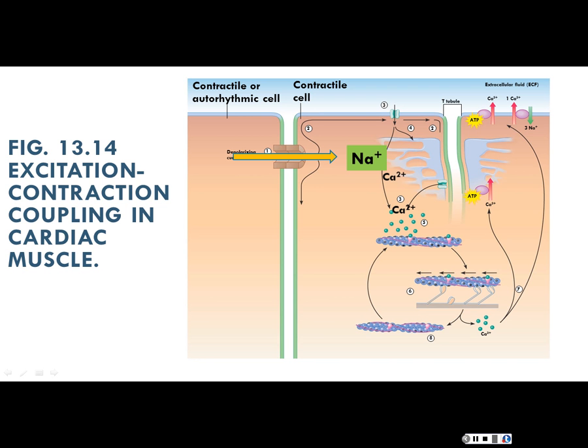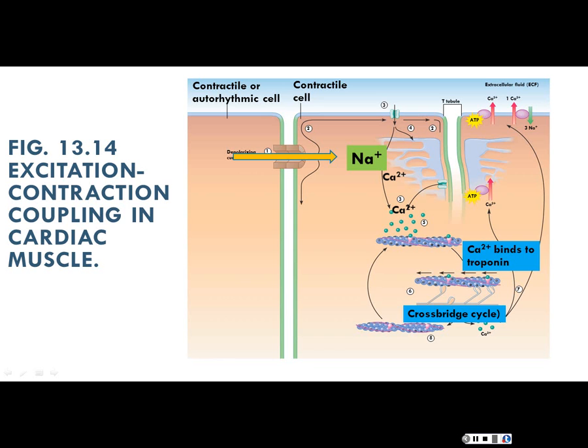But once calcium is available, it works like which cell type? Skeletal muscle. Because it's going to bind to troponin to pull back what? Tropomyosin to allow for that cross-bridge cycle.